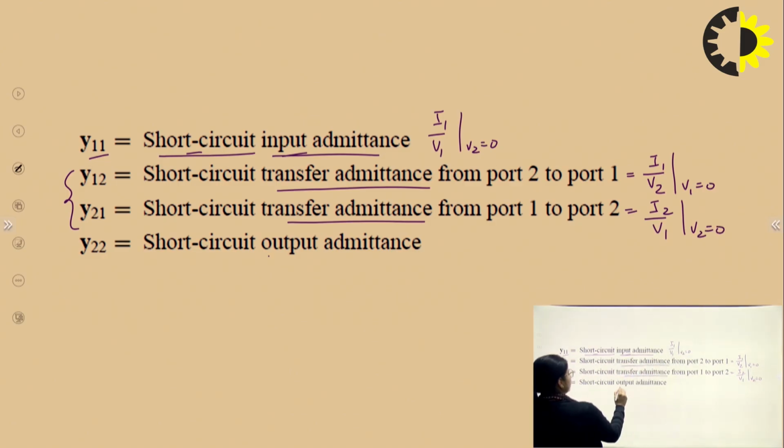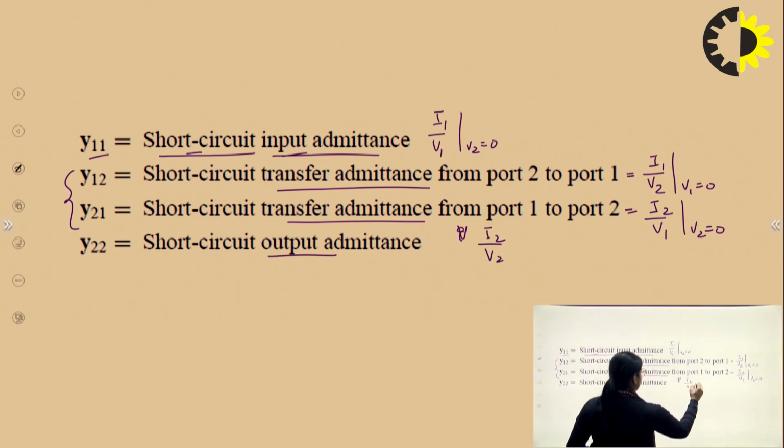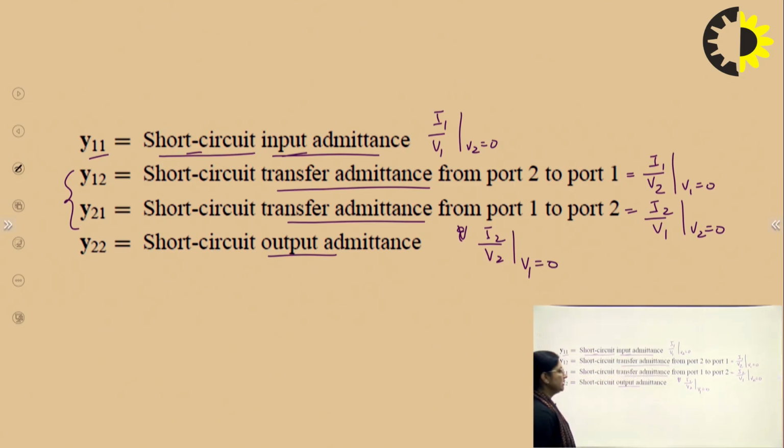And this is the output admittance because both the variables belong to the output port. The unit of Y parameters is ohm inverse, right? And the unit of Z parameters will be ohms, because Z parameters are impedance parameters and these are the admittance parameters.